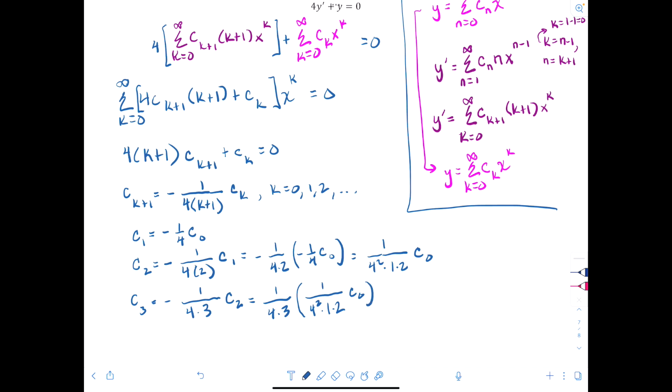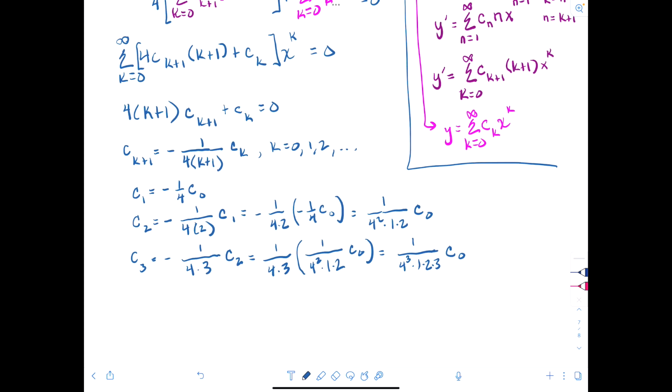But what is that? That's going to be 1 over 4 cubed times, look at that, 1 times 2 times 3. You see the trend here? And then we have times c0. Everything's in terms of c0. So that would just keep going on and on and on as such.